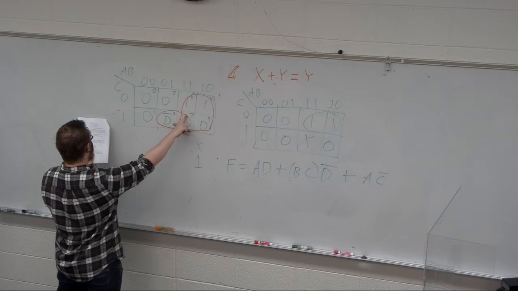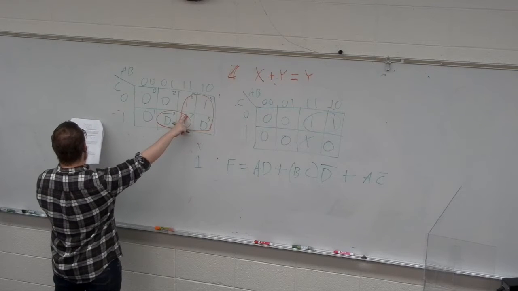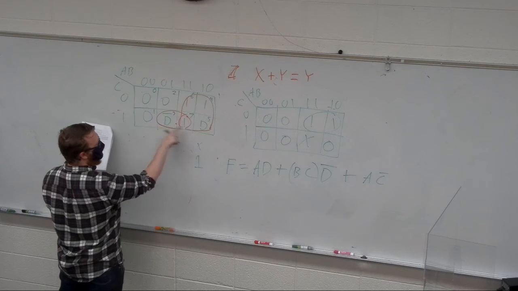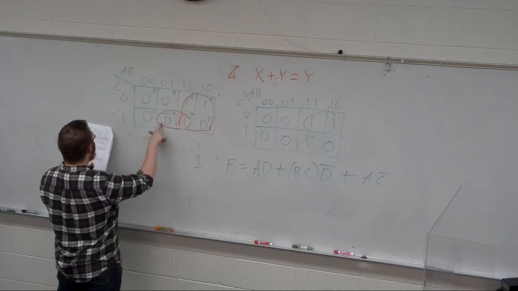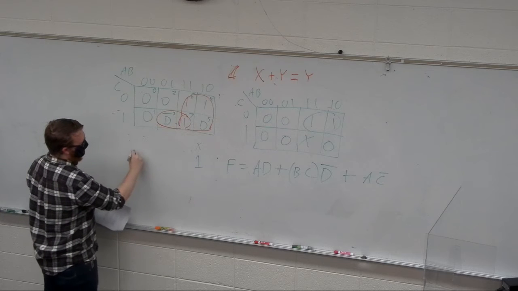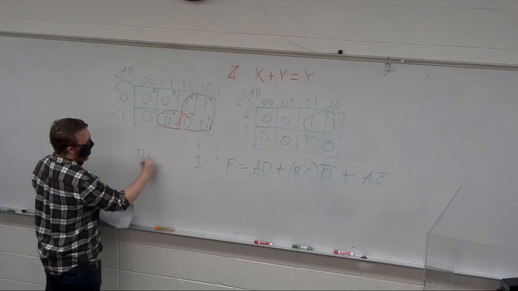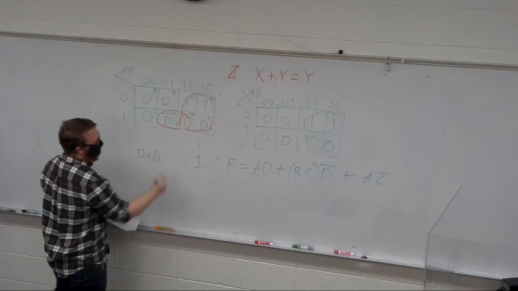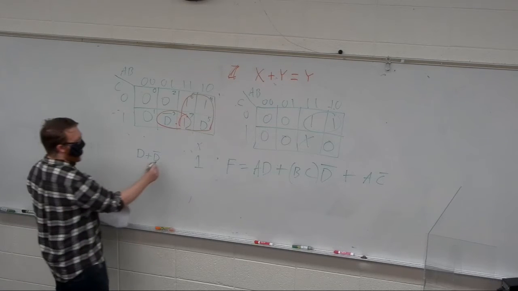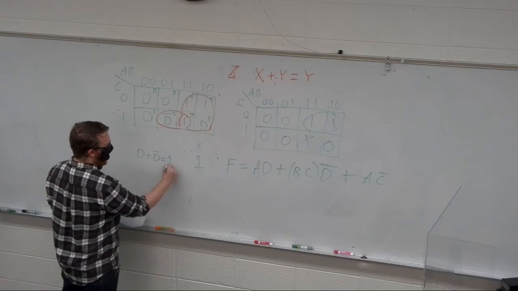So in cell 7, it is 1 covered by a D loop and a D bar loop. So what you're looking at is D or D bar. Well, D or D bar is always 1.